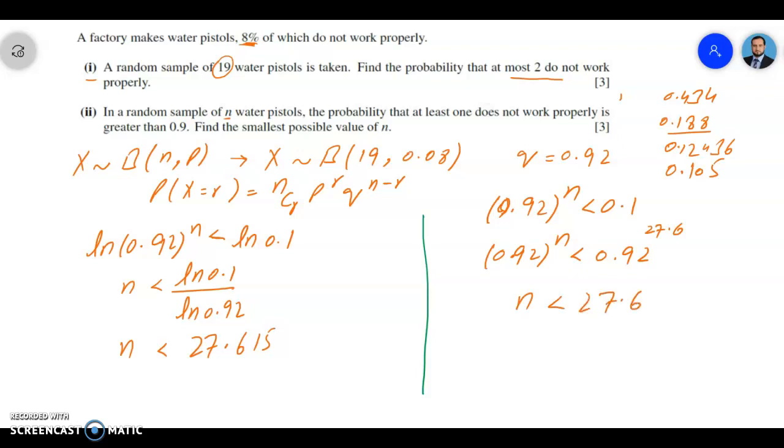Since it says find the smallest possible value of n, n must be 28. So A level students can use logarithms and AS students can use the hit and trial method to come up with their answer. Hope this is clear to you. Thanks for watching.